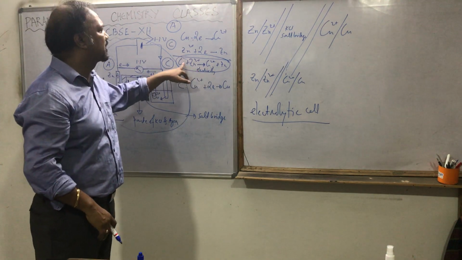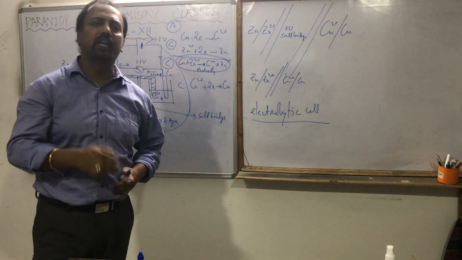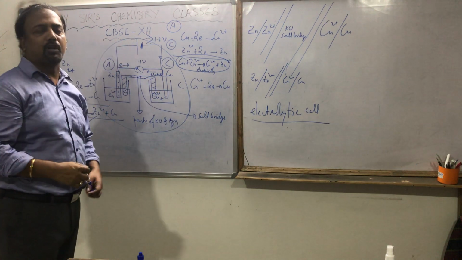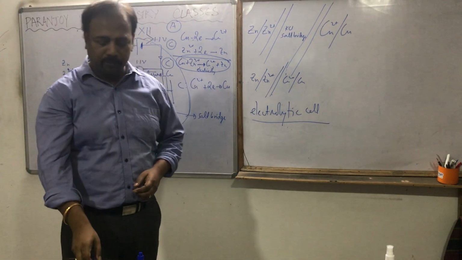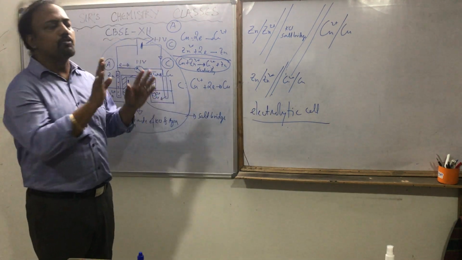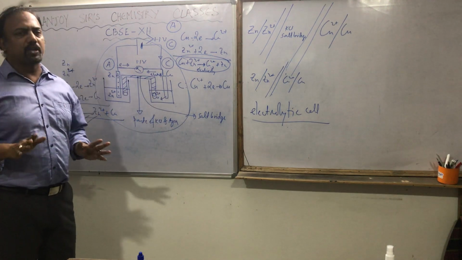We are passing the electricity and the chemical reaction is taking place. That's the difference we get in physics and chemistry. Here generally we talk about the electrochemical cell, and in physics generally we study the electrolytic cell. Here also we are going to study the electrolytic cell, but you must understand the difference between these two. So hope you understood this.